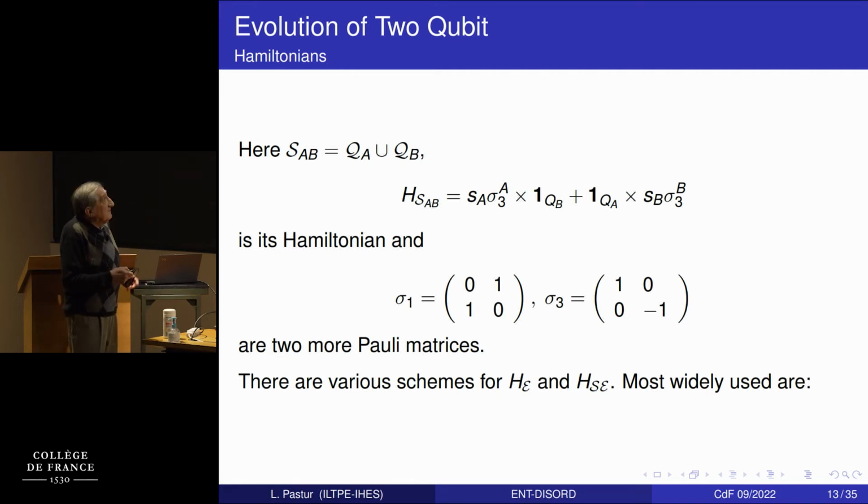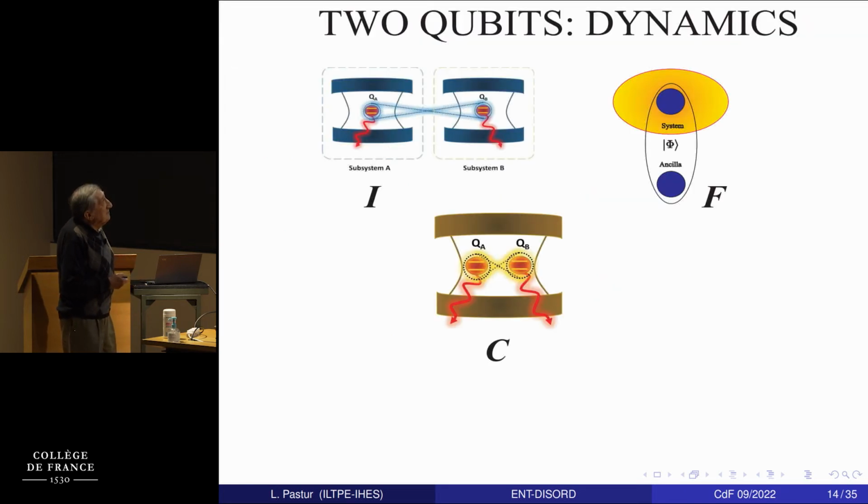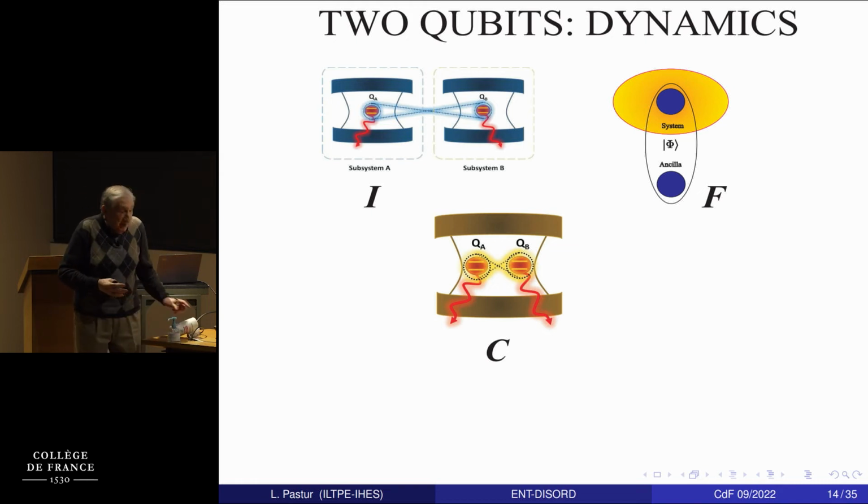But as for the Hamiltonian of your environment interaction, there are many versions depending first on your interest and of course your abilities, what you can compute. Let me show you the simple picture. The most widely used schemes for the environment and the interaction, there are 3.